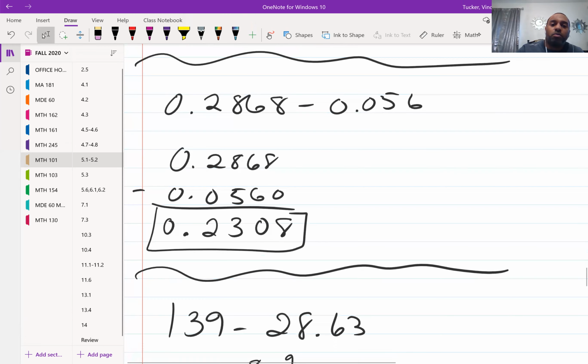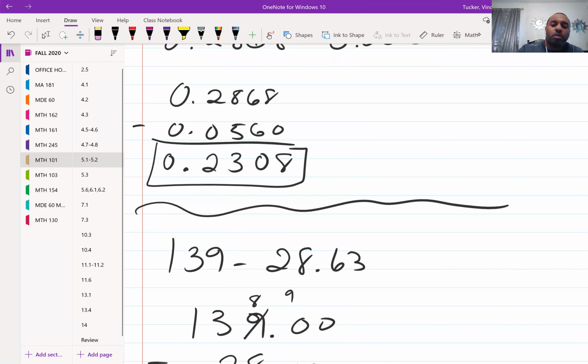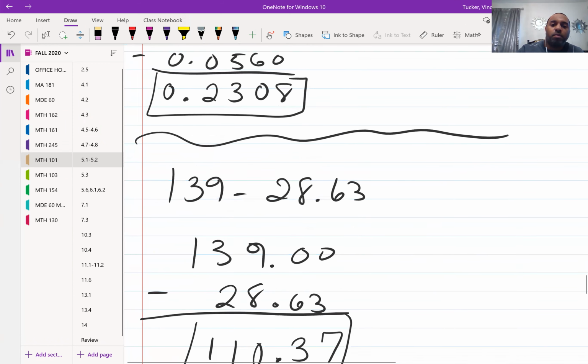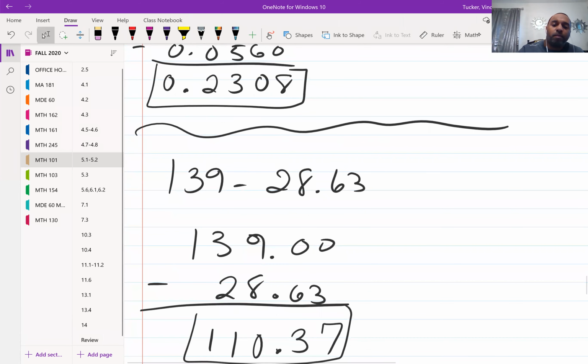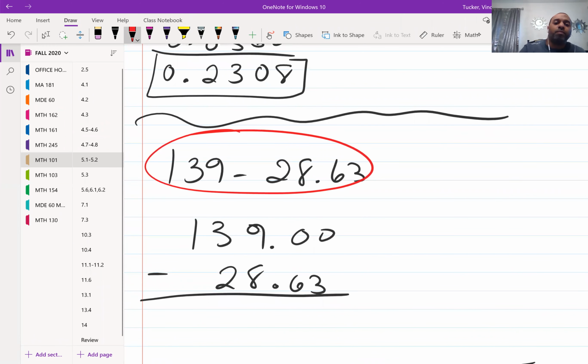All right, scroll up. All right, so here, this is the problem. 139 minus 28.63.